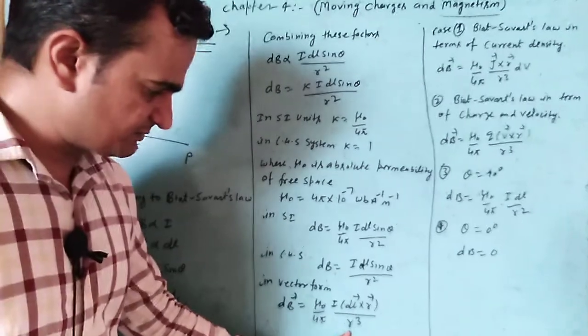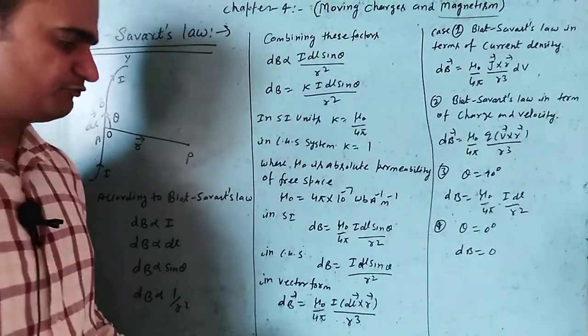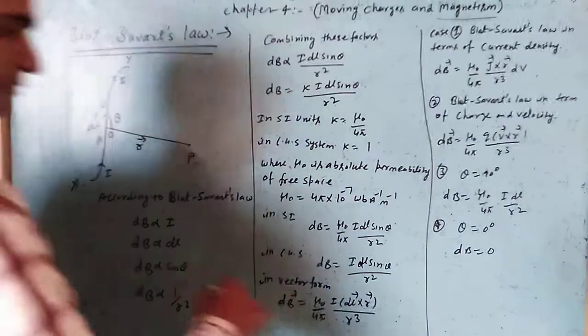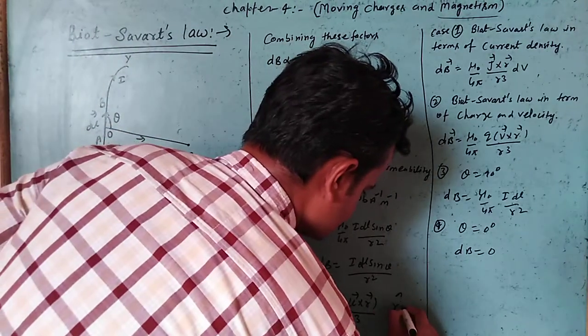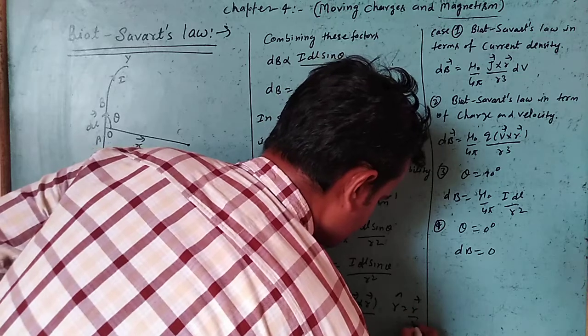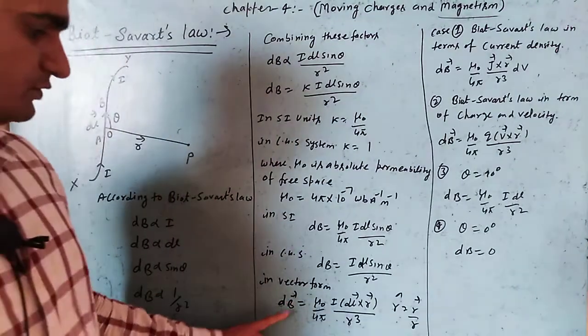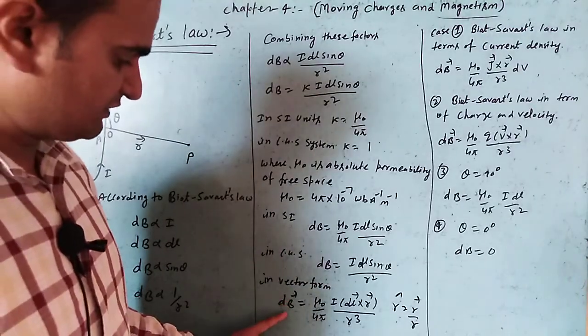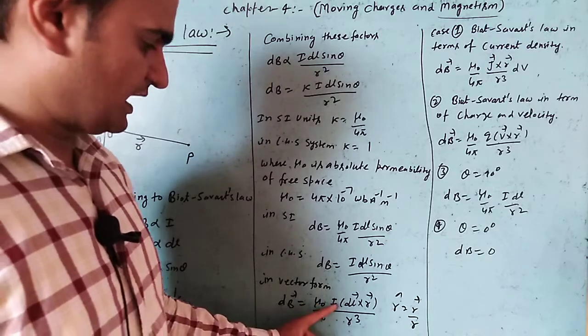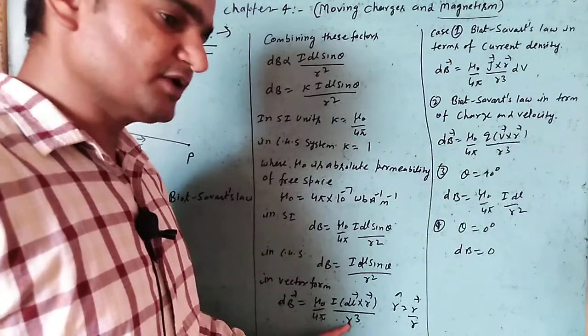This arises from the unit vector, where unit vector r cap equals क्या होता है r vector upon magnitude of r. Using this value, the vector form is dB vector equals mu naught upon 4 pi I dl vector cross r vector upon r cube.